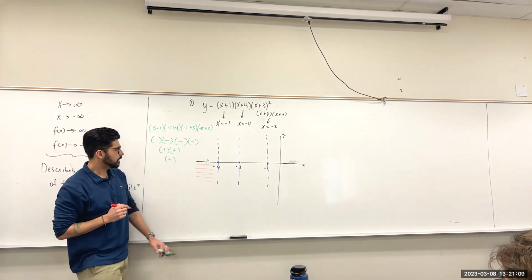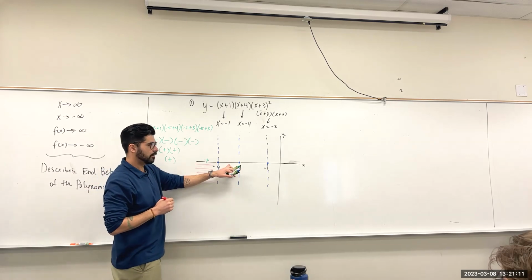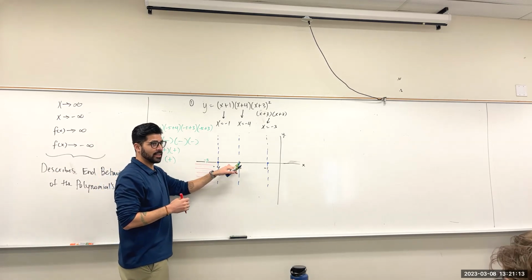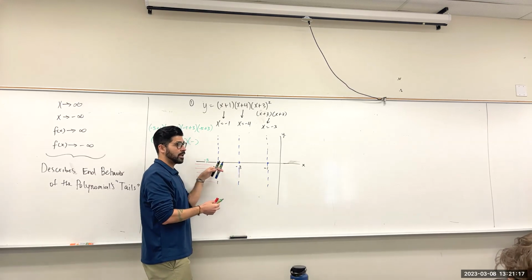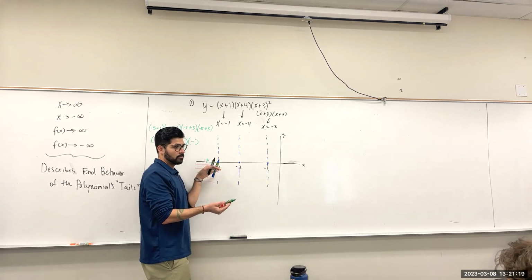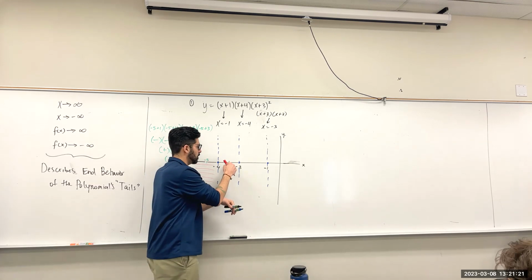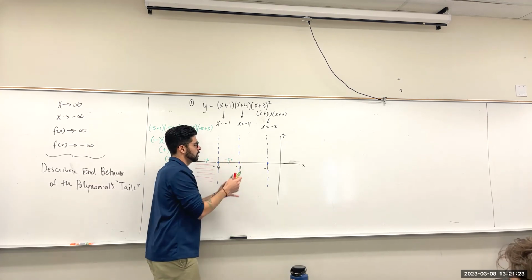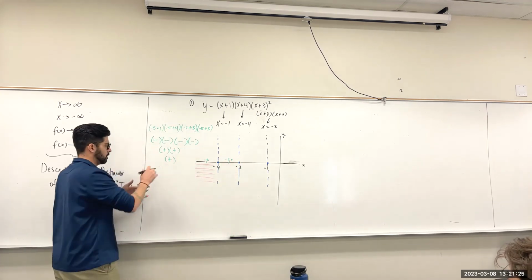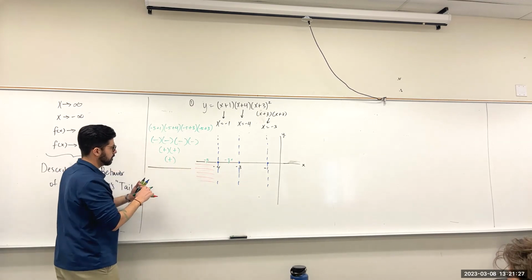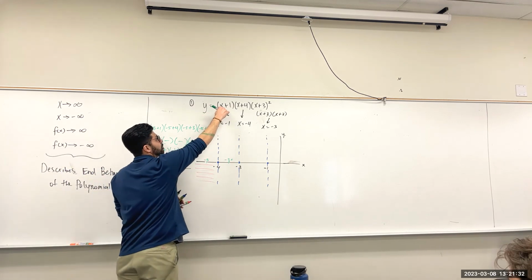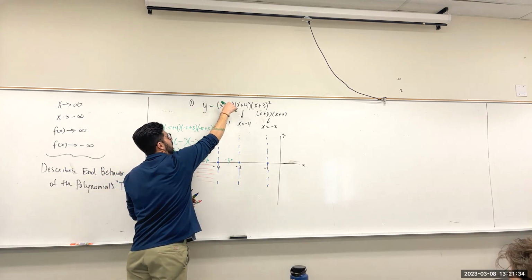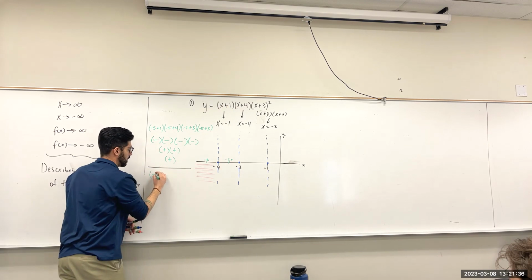Okay. For the middle, some of you were avoiding it. You have to plug in a test point that's between -3 and -4. It has to be a decimal. So -3.5 would work. Let's do that real quick. So you plug in -3.5 here. What kind of number do you get? Negative.